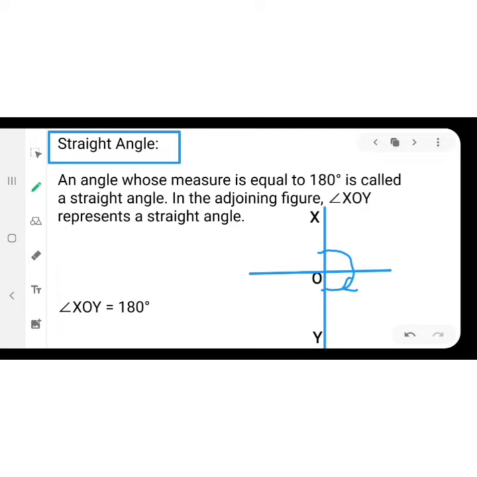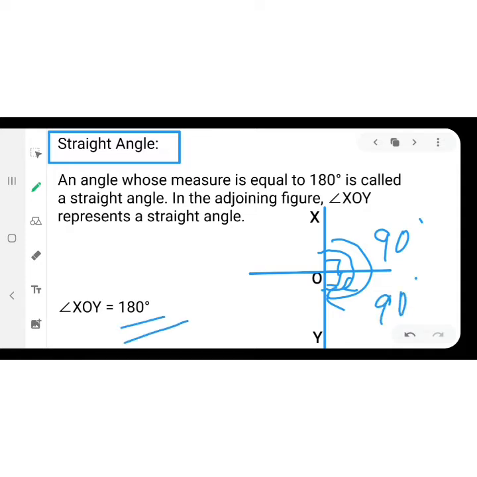Here you can see, moving from X to Y on the line, I have to move to complete 2 turns. That was 1 turn of 90, and then again from here to here another 90. So it is making 90 here and 90 here, and this gives me 180.